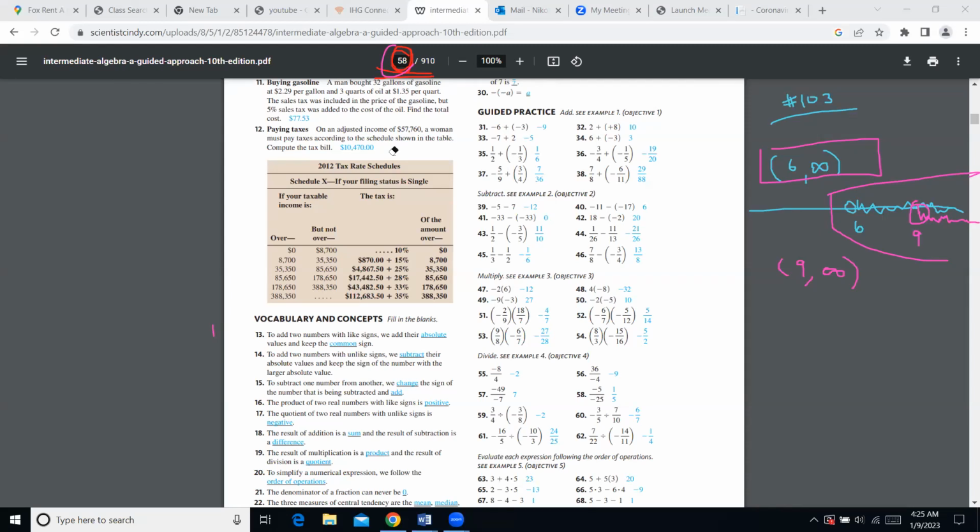So for example, if I start with exercise 31, that's where guided practice starts. So we just care for this part. I'm in section 1.2 right now. So I'll do problem number 31.